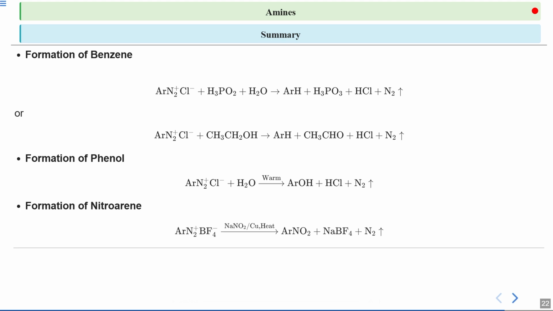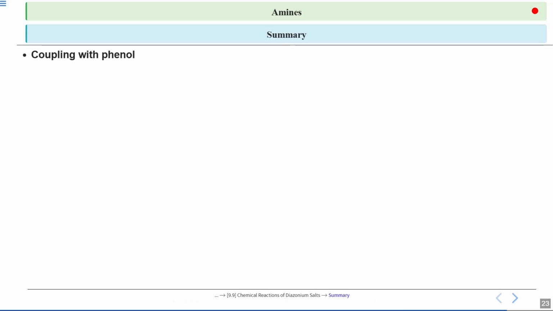Next, we talked about formation of nitroarene. In this reaction, diazonium tetrafluoroborate is heated with sodium nitrite and copper. So we get nitroarene, sodium tetrafluoroborate, and nitrogen gas. Next, we talked about coupling with phenols.